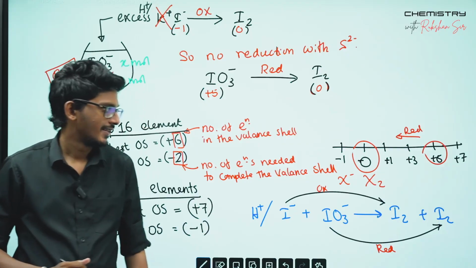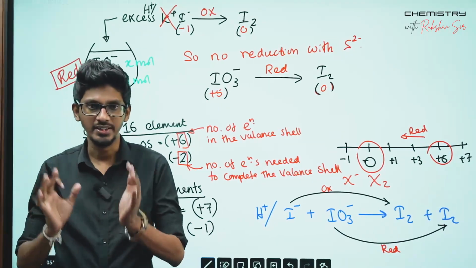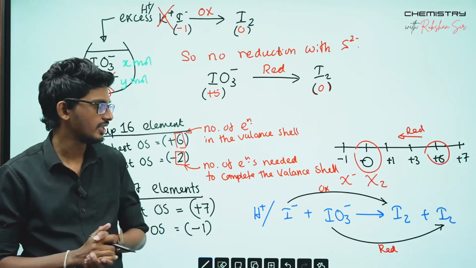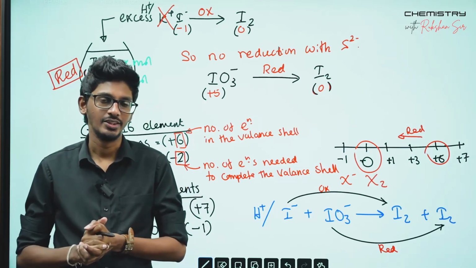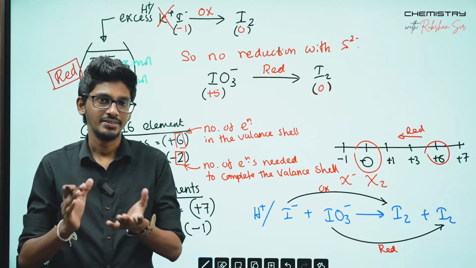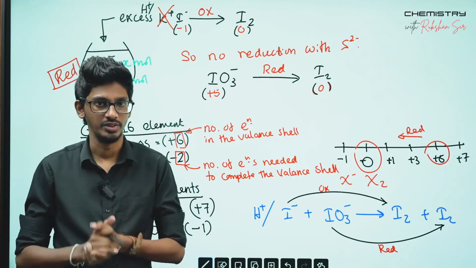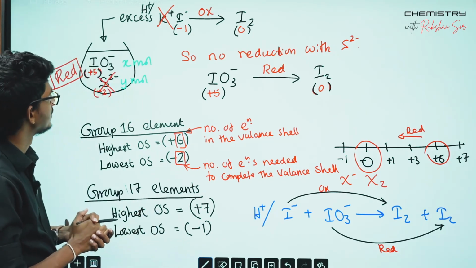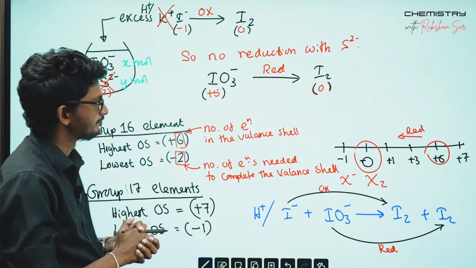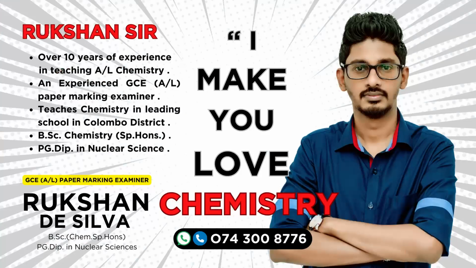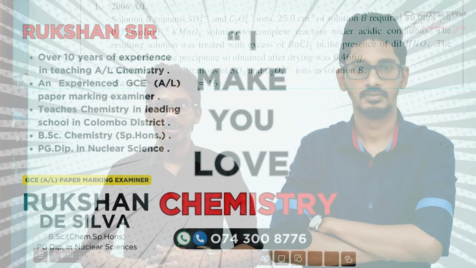So now I think you have some idea how to select which reactions occur or not with the redox systems. We'll use this knowledge to come up with some chemical calculations.